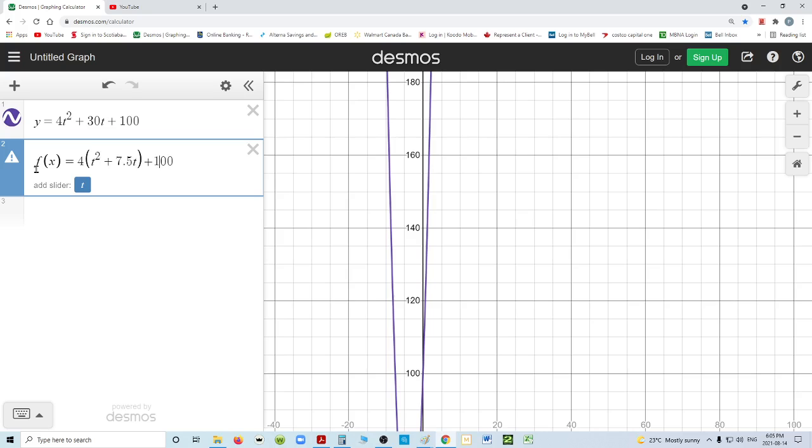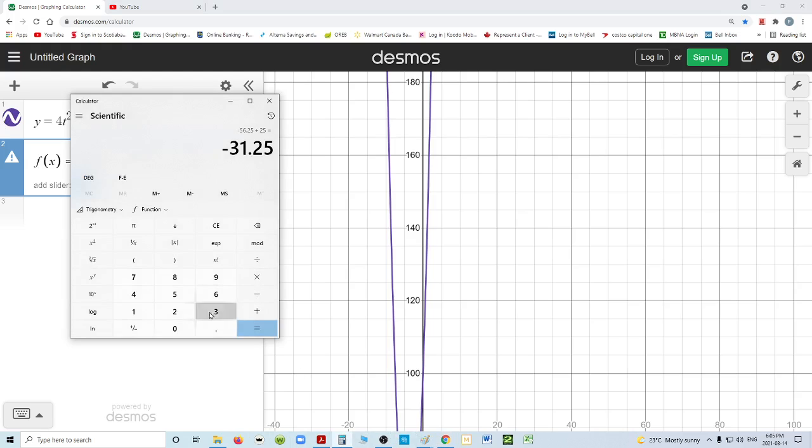And then when I complete the square, it's actually negative 56. What did I come up with? 3.75 times 4 negative times itself. Yeah, 3.75 times itself.